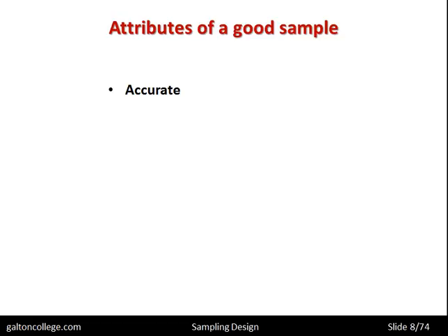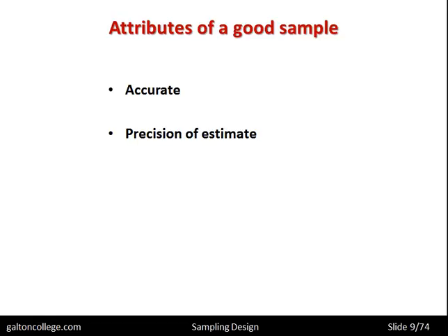Generally speaking, we say that the average of the sample is the same as the population, plus or minus some margin of error, plus or minus some factor, some percentages, let's say. But it should be accurate. It should be close to the population figure.